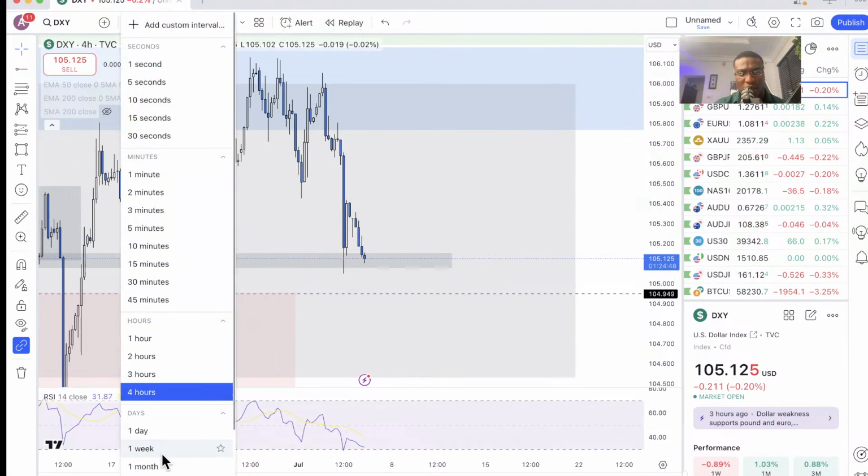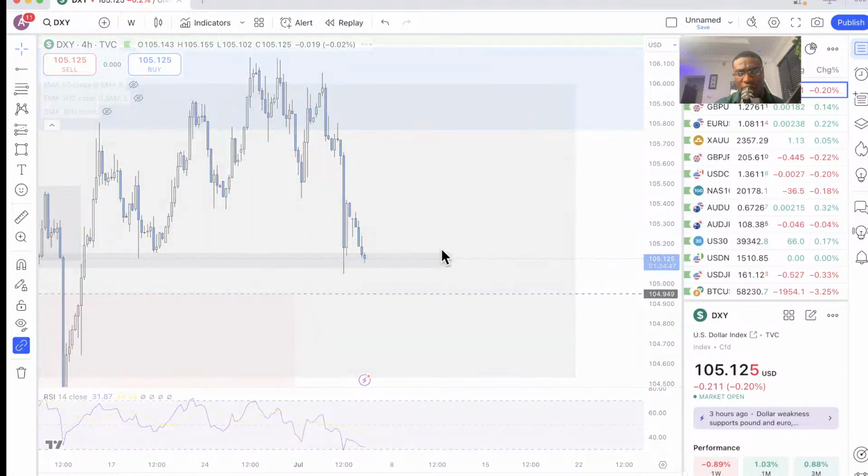If you guys notice, I have two zones, one to the upside and one to the downside. Let's just go to the weekly so I show you guys that. I think let's just do the daily.